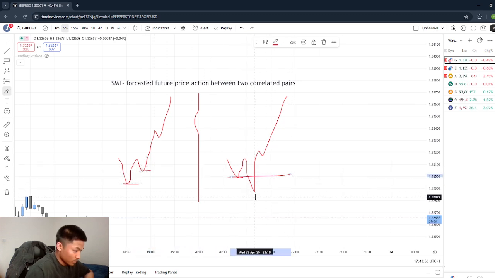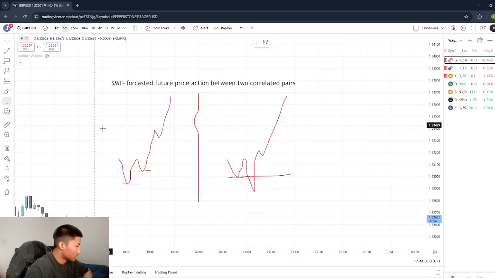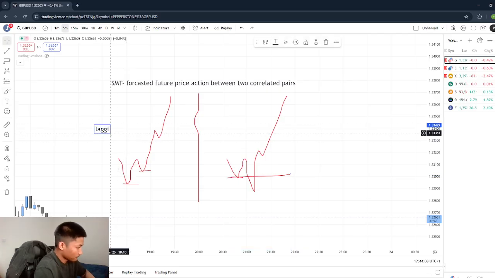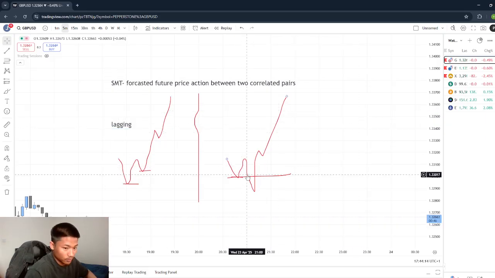You see how we've swept that low, whereas on this other index we haven't. So this would be called our lagging index. As the lagging index, we won't be trading this one, we'll be trading this one because we've got the sweep.